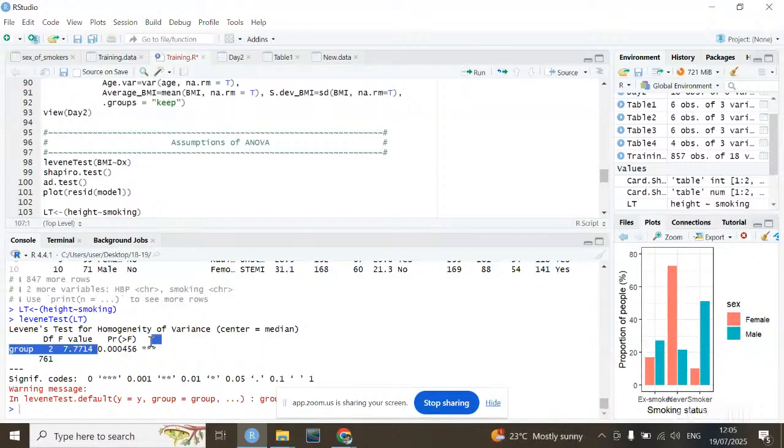This is the result of our Levene's test. The p-value is 0.0046.